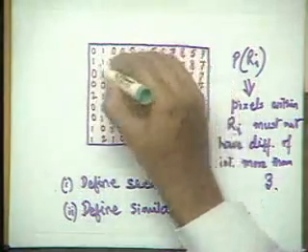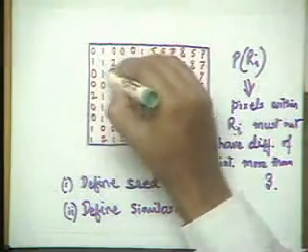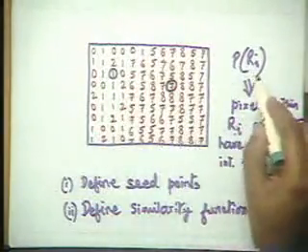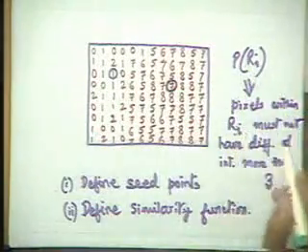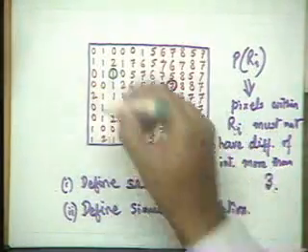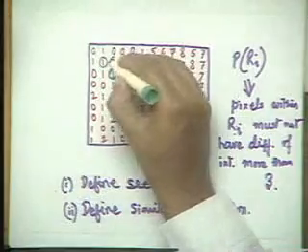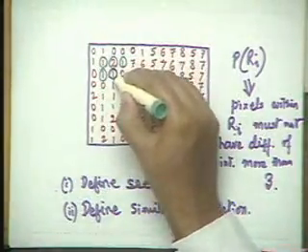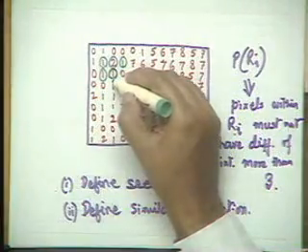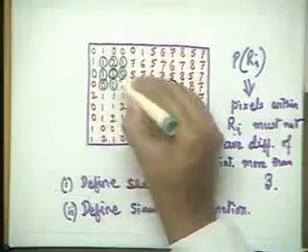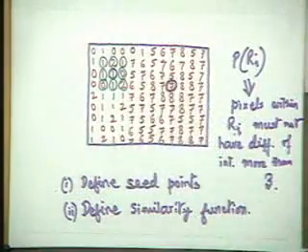Now I find that all the neighbors are fulfilling the property P of Ri, I mean their pixel intensities do not exceed a difference of 3. So I club all of them together. That means if I call this seed a particular region R1, then all the neighboring pixels of this must belong to R1.